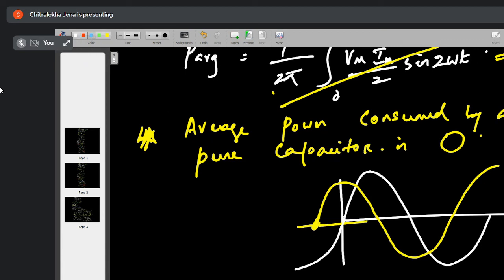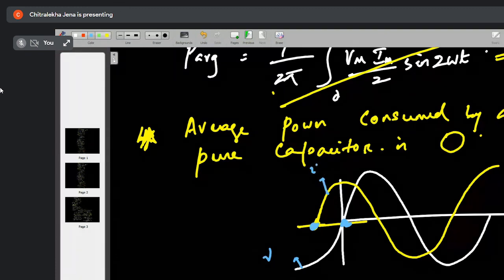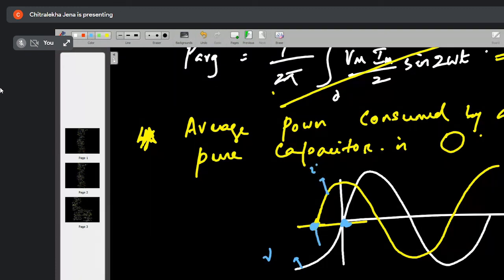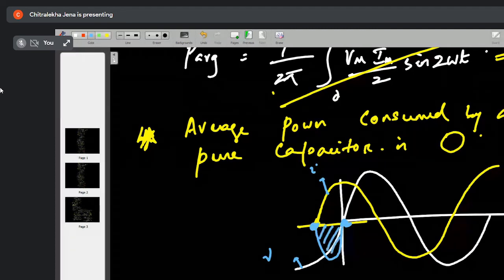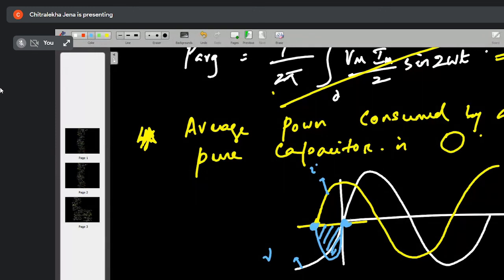Average power: here you see between this point to this point, this one is voltage, this one is current. So one is positive, one is negative, so power will be negative. Okay. So from this point to this point, both are positive, yes or no? So power will be positive.